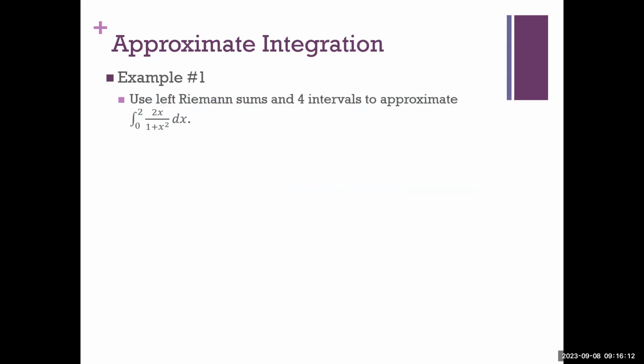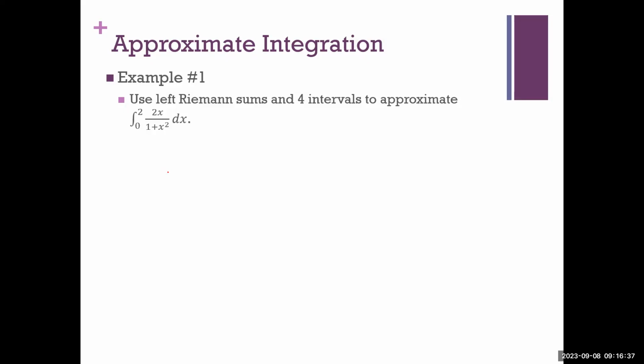So let's talk about this integral. I don't necessarily know what this curve looks like. I also think we could find this integral exactly, right? But let's use a few different schemes to estimate what this looks like. So I want to use a Riemann sum, specifically a left Riemann sum.